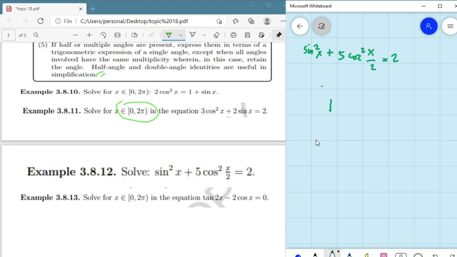Okay, so what we are going to do is replace it using the half angle formula. It is cosine, so we will replace it.